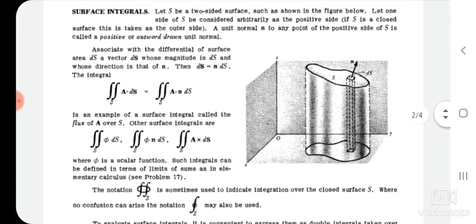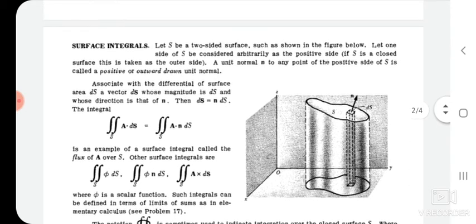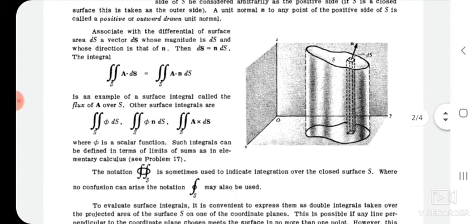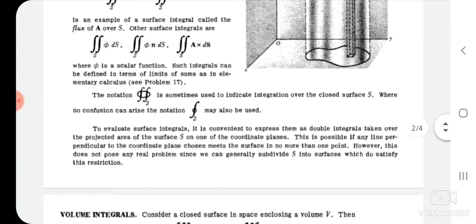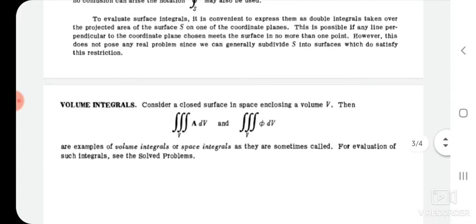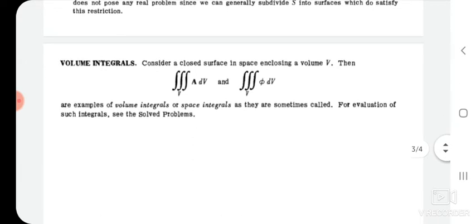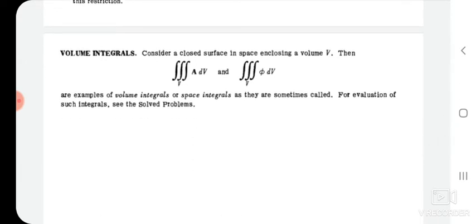Now, this is all about the surface integral. If we move forward, the final concept is the volume integral. What is a volume integral? An integration over a closed volume. That's why it is a triple integration over V. It is three-dimensional.